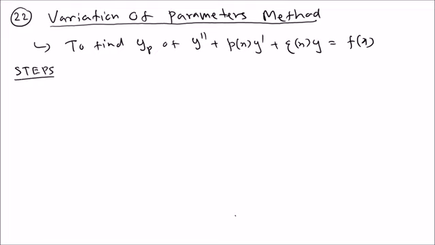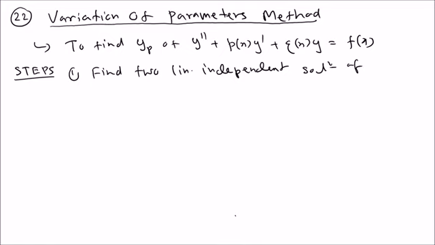The first one: find two linearly independent solutions of the homogeneous equation y'' + p(x)y' + q(x)y = 0.